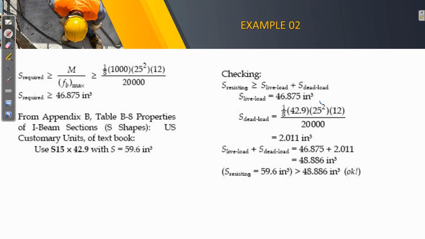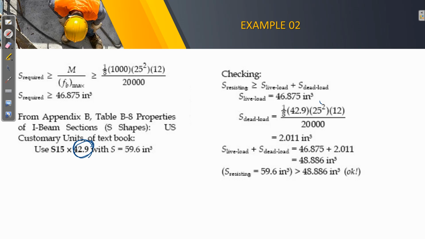Once you have chosen your section, you are now ready to add the section modulus for your self-weight, or the dead load. Your live load was computed. Your dead load will be computed using the 42.9 pounds per foot.